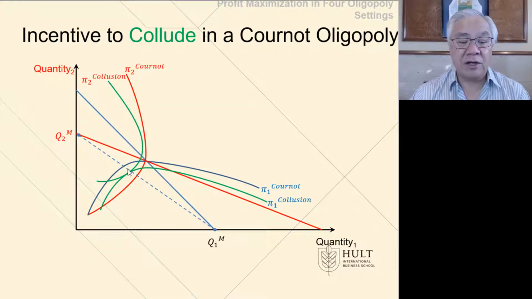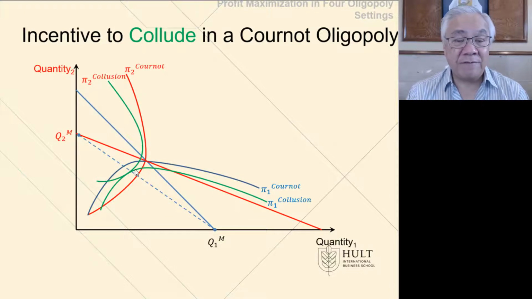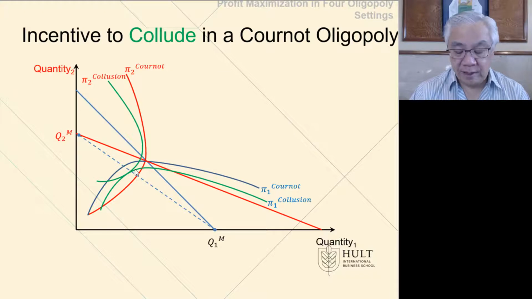The point at which that occurs sits on this line here. This line represents the trade-off to get to monopoly quantities for firms 1 and 2. So you see that although there is a Cournot equilibrium based on the movements of the two parties, if they collude, they could actually both make more money. So that's the incentive for collusion: on the green lines, both firm 1 and firm 2 will be on higher isoprofit curves as long as they cooperate.